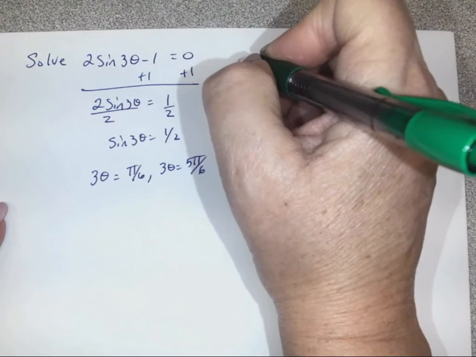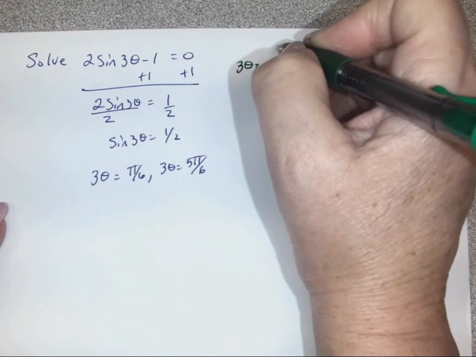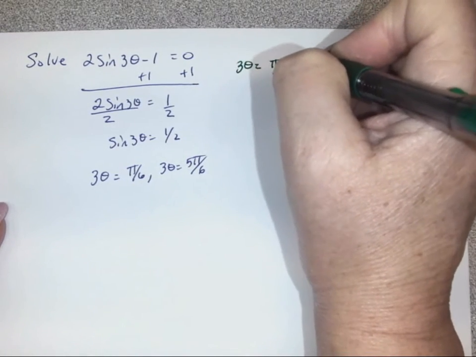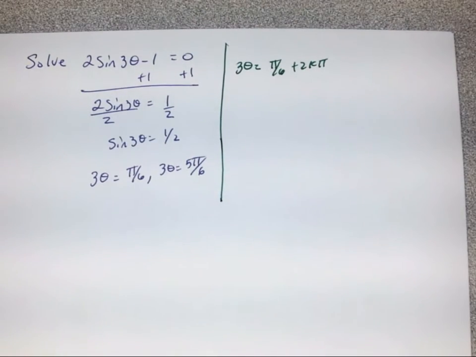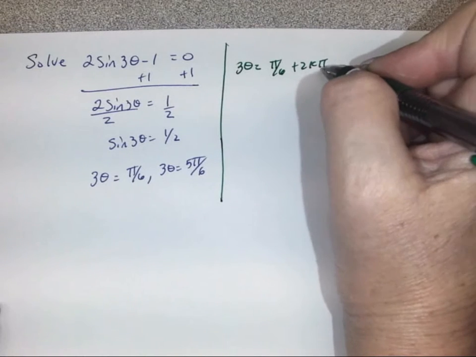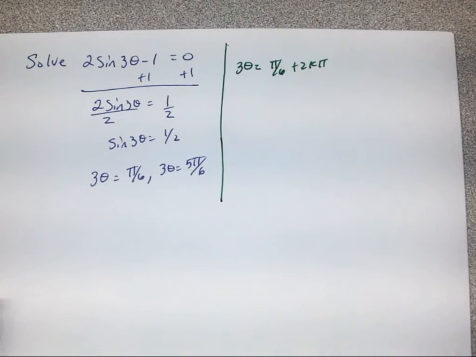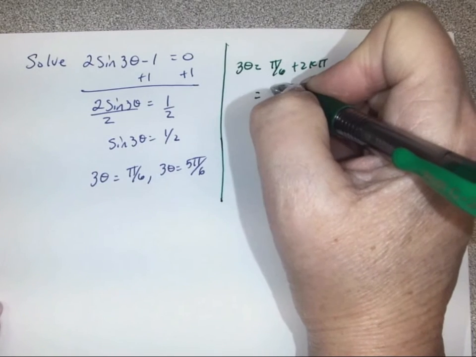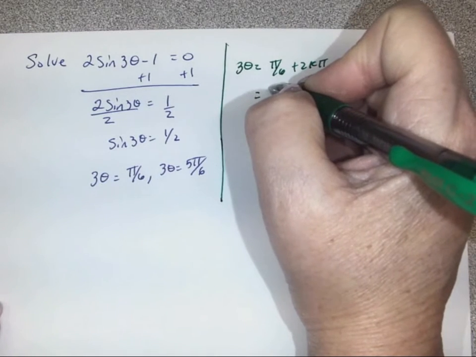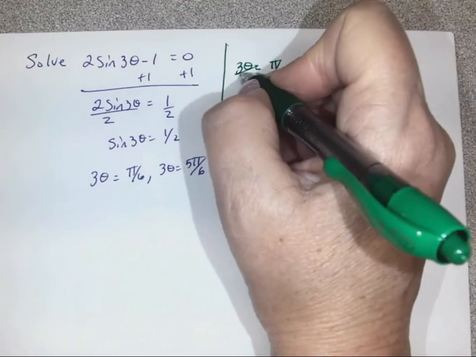We'll have 3 theta is equal to pi over 6 plus 2k pi. Well, we got to get a common denominator. Oh, nope, sorry. First we got to divide by 3.